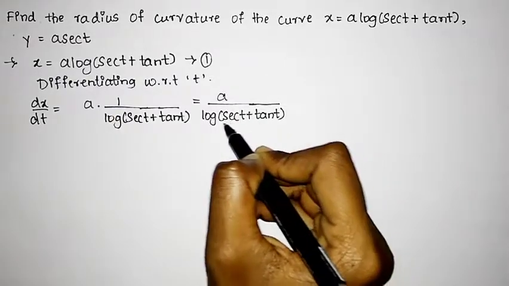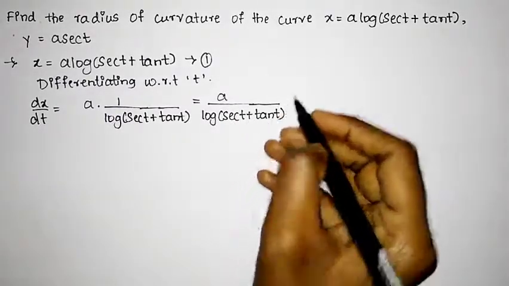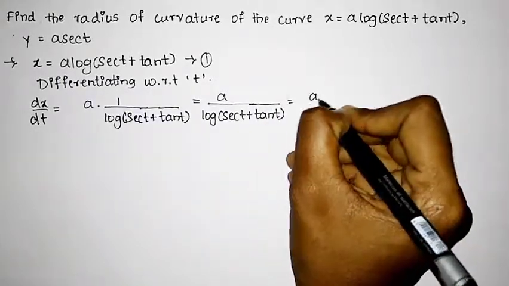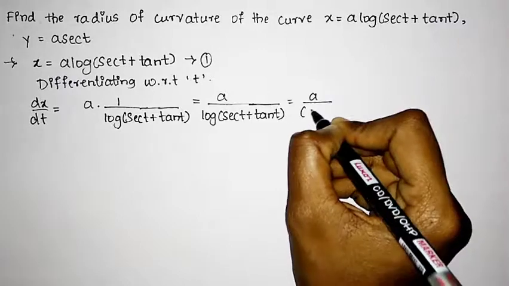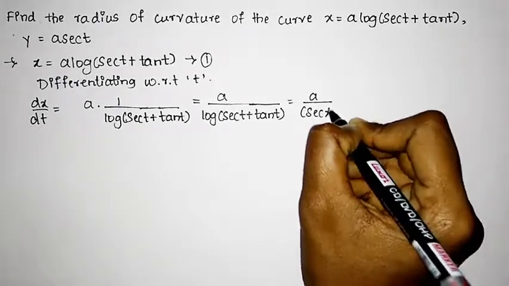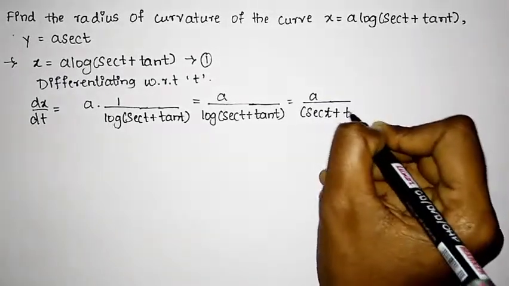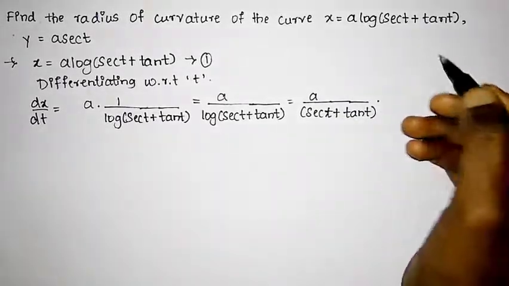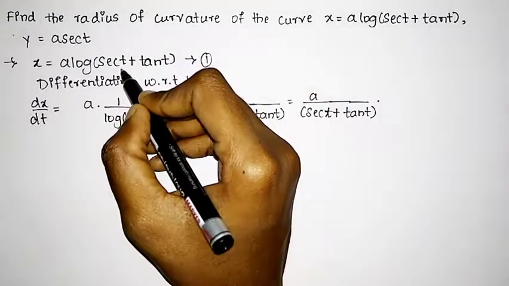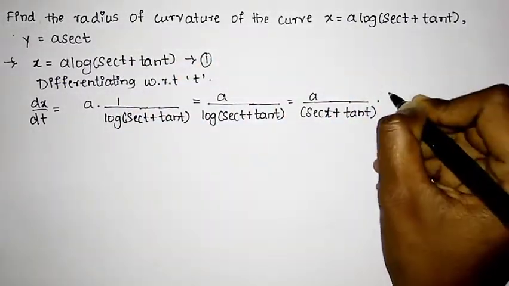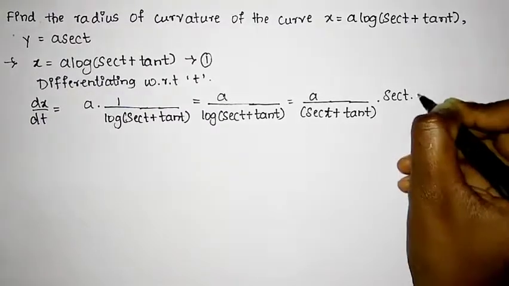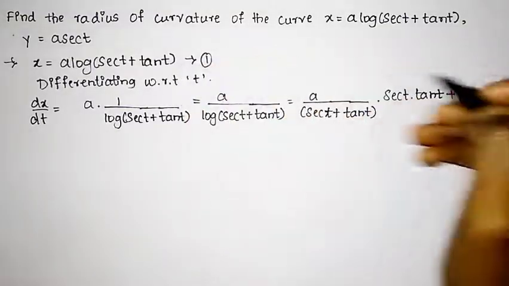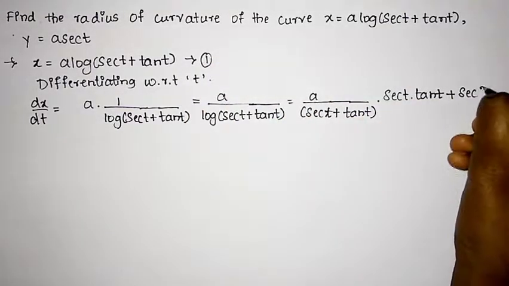That is a divided by sec t plus tan t into, then differentiation of sec t plus tan t. Differentiation of sec t is nothing but sec t into tan t, plus differentiation of tan t is nothing but sec square t.